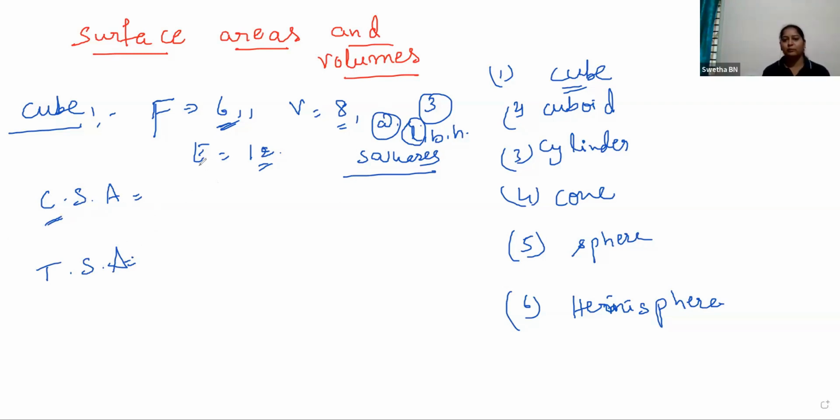So, a cube is nothing but each face is a square. Yesterday we discussed, what is the area of a square? Ma'am, 4A. 4A is perimeter. What is area?